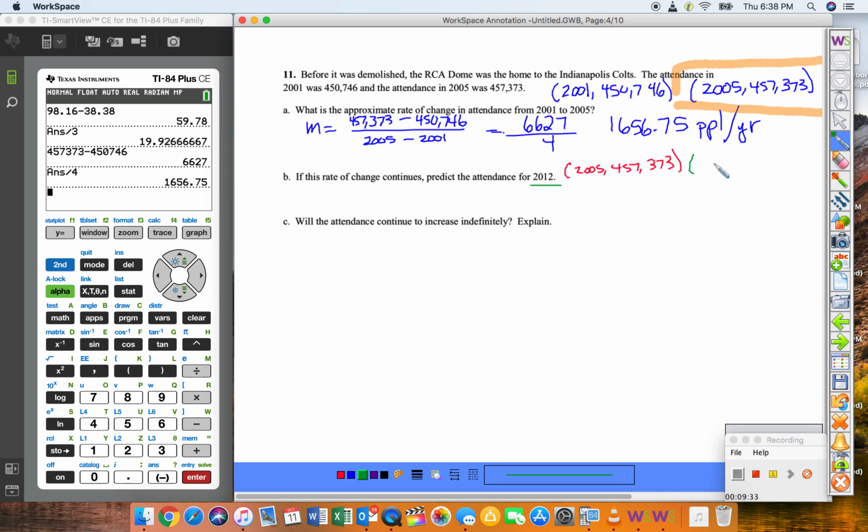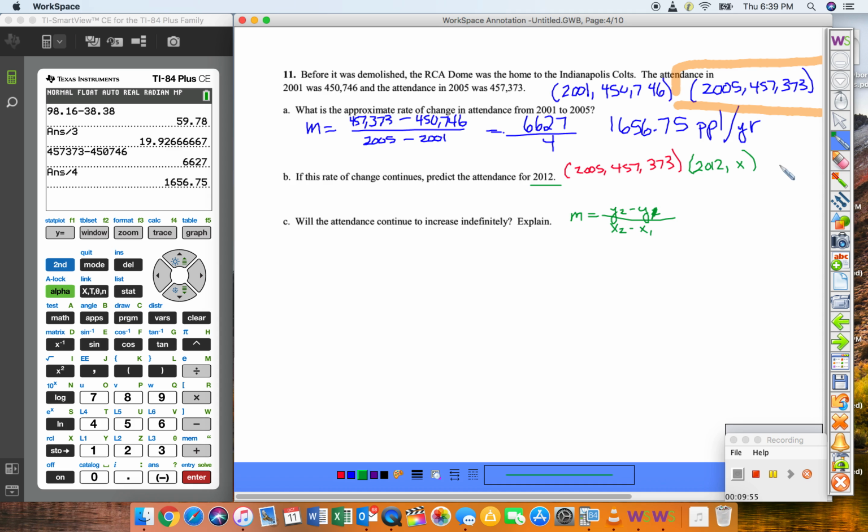And then you write yourself another ordered pair. You know 2012 is a year, so that's going in here, but you don't know the attendance, so you're going to call him X. And I'm going to use this space provided to do this work. But what we do is we use the slope formula. Now you don't have to write this down, but isn't this the slope formula? M equals y2 minus y1, over x2 minus x1.